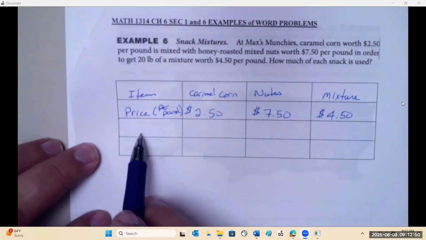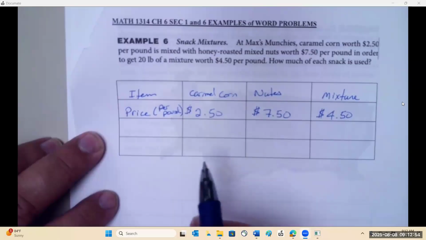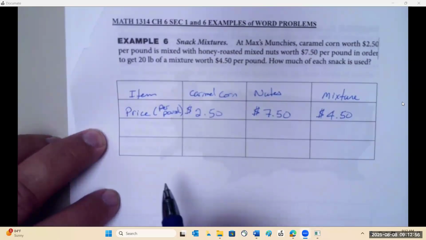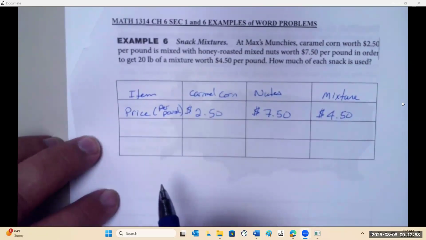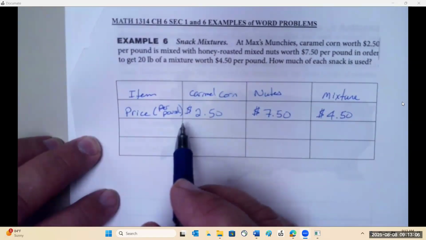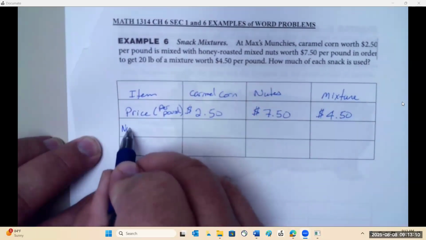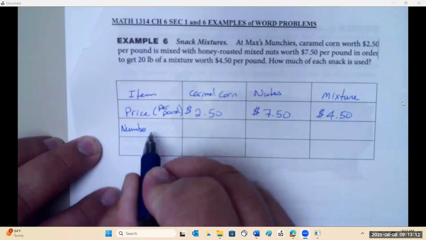Now, what do we need to know here? We have the price per pound. What do we need to know next? The number of pounds.